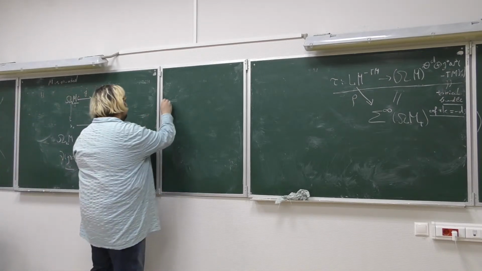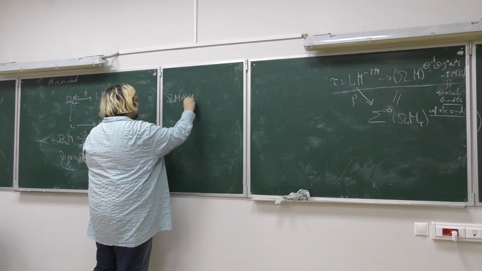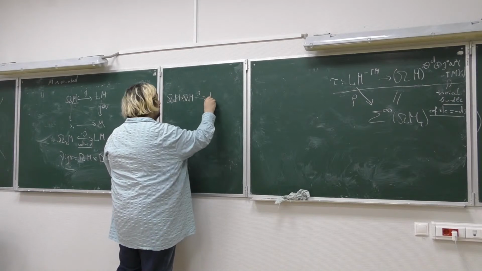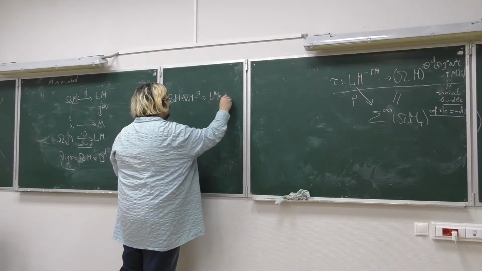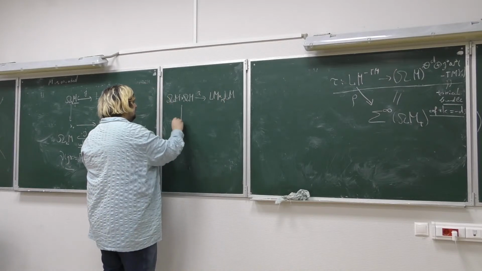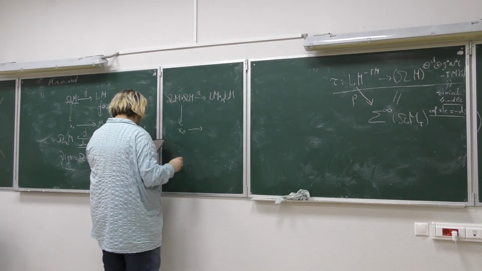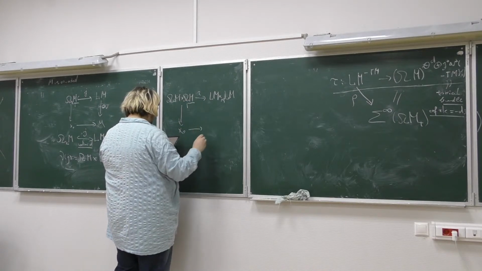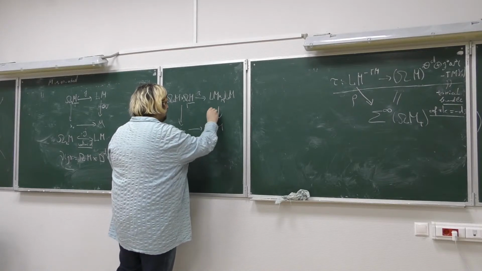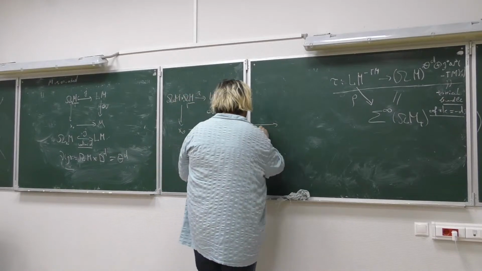We have Omega M times Omega M to LM times LM over M. This is obviously an inclusion. And so this is a diagram of pullback squares. So here we have an evaluation map. Here we have delta.